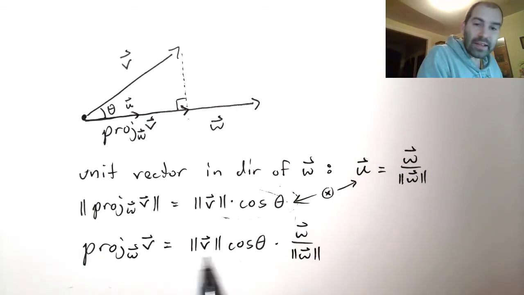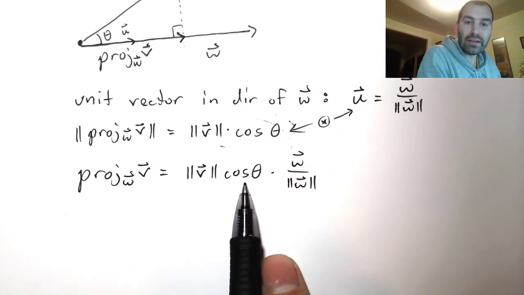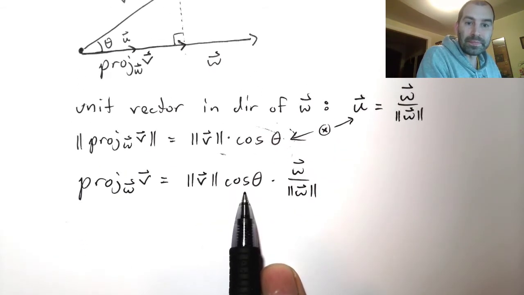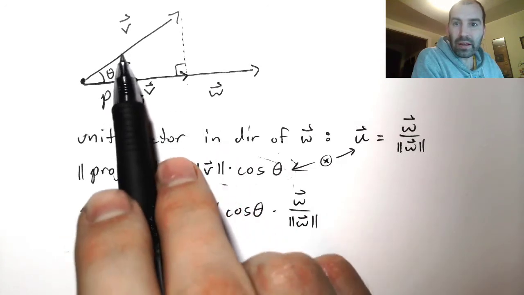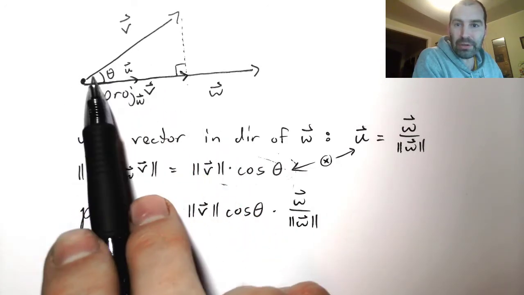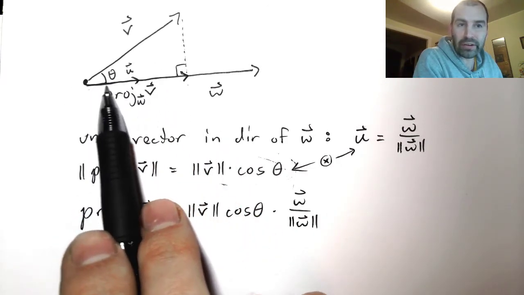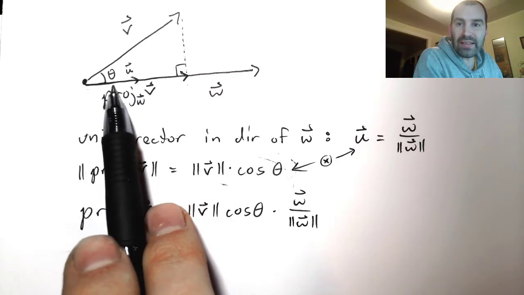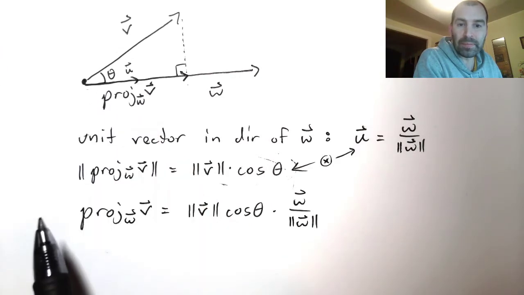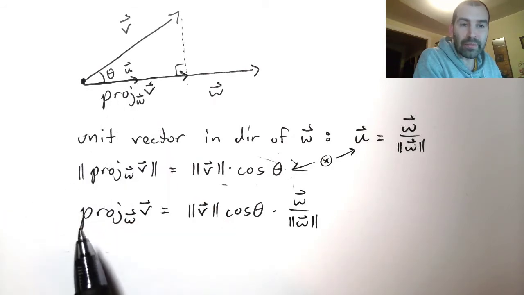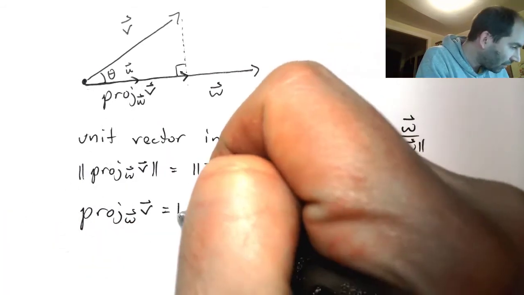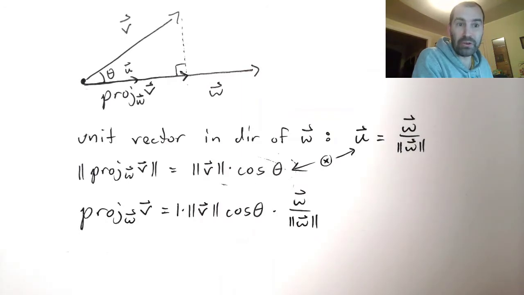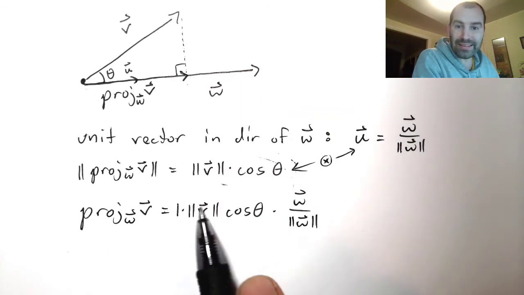But now let's look at this, the length of v times cosine theta. Well, look at the geometry here. u is pointing this way, the unit vector. Theta is the angle between u and v, right? And the length of u is 1. So if I imagine there was a number 1 here, might as well, that's the length of u.